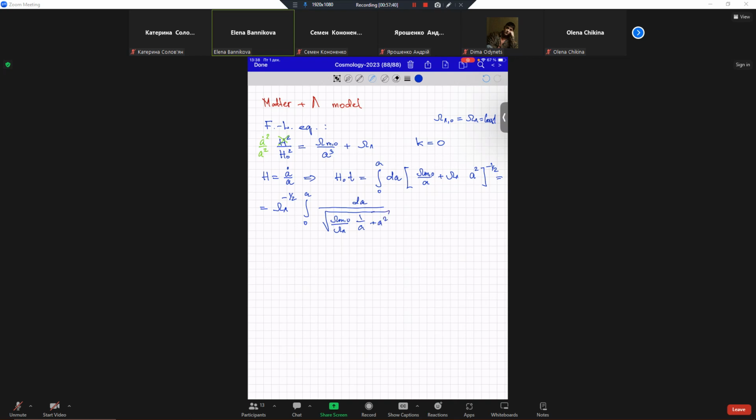So this is a table integral, and this table integral brings us to some logarithm.